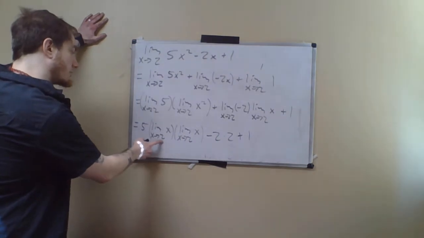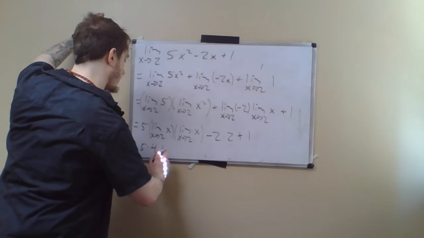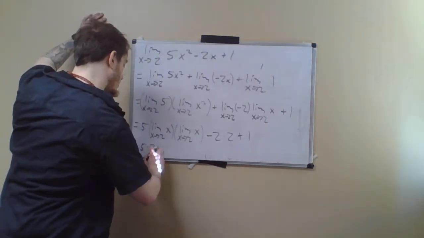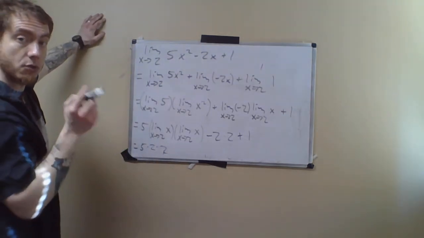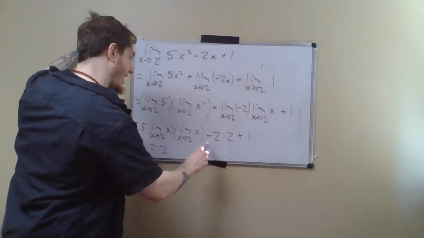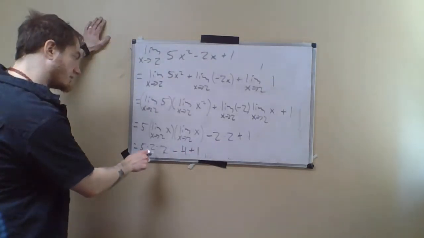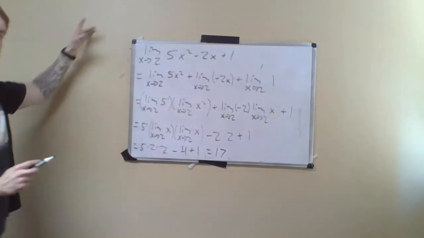Well, this is also going to be 2, and this is going to be 2. So this becomes 5 times 2 times 2, because the limit of x is 2, not 4. Then we're going to have minus 4 plus 1. Well, this is 20 minus 4 plus 1, which is 17.